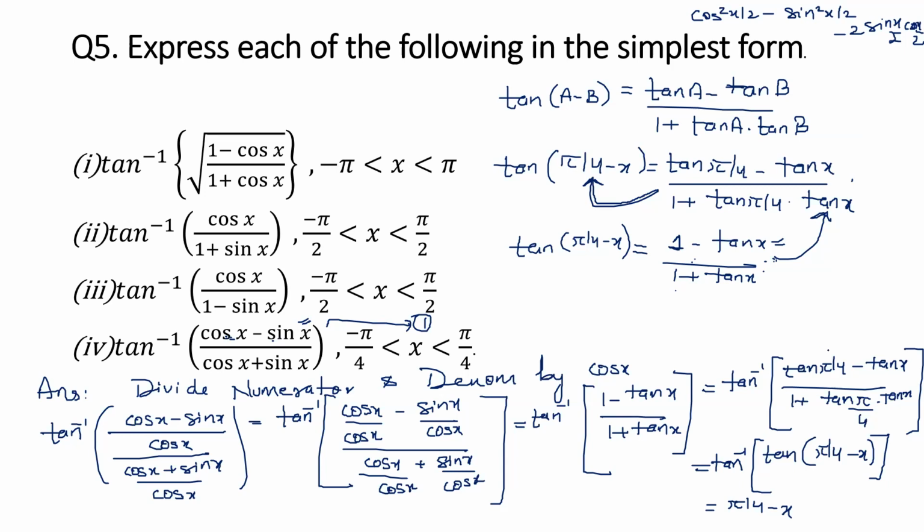It means 45 degrees. So tan 45 is 1. That's why in place of this one, I have written tan pi by 4. Okay, I have written tan 45 degrees. Similarly, in the denominator, we have 1 plus tan x. So we can write 1 plus 1 into tan x, so in place of this, we can write tan pi by 4. Is it fine? Okay, sir, got it.